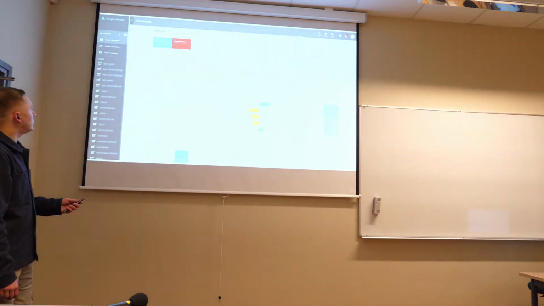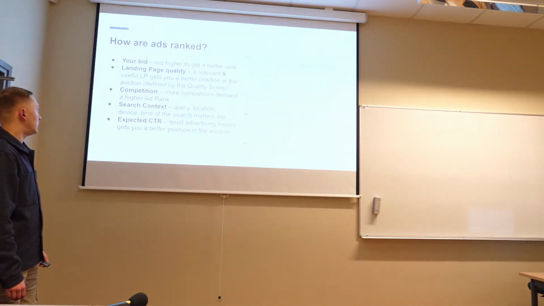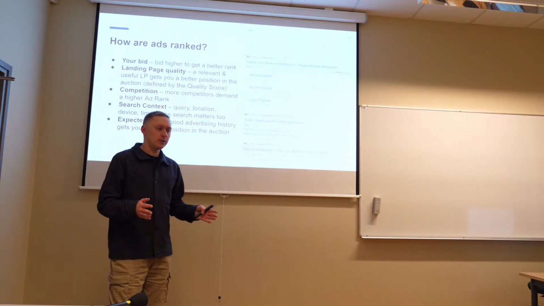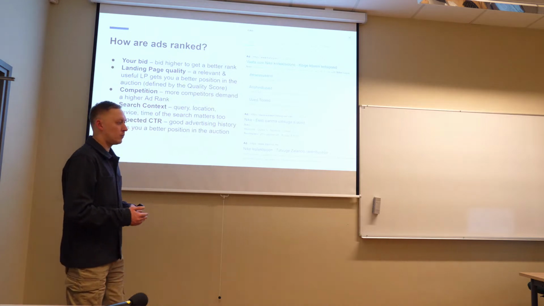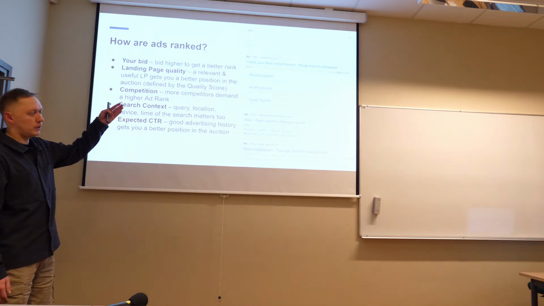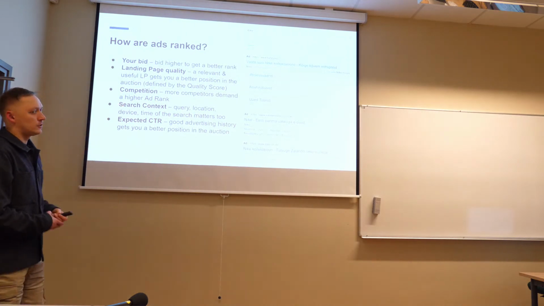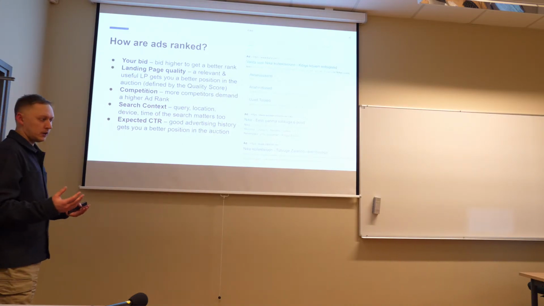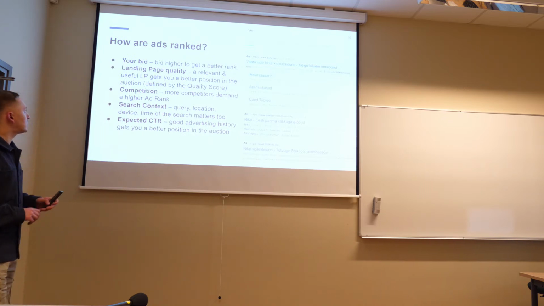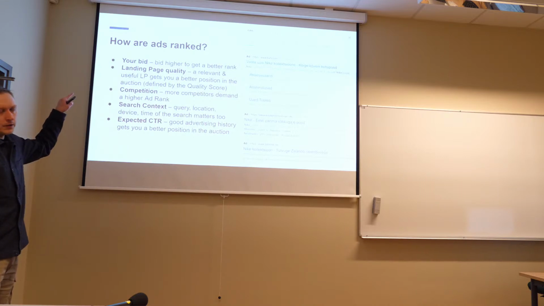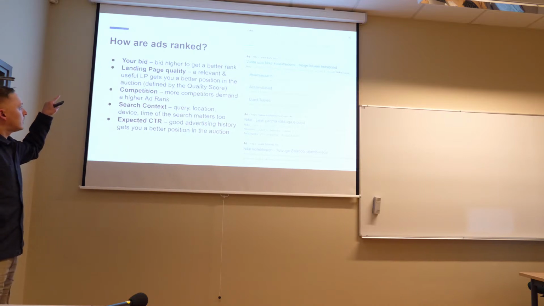Now, moving on, the question for a lot of people is what determines whether my ad shows or whether it doesn't? There are many components, and the mechanism is called ad rank, which is influenced by your bid or your budget, how much you're willing to spend.